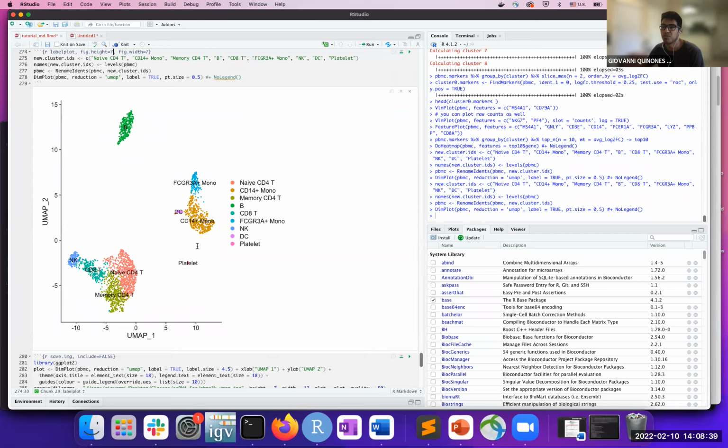And we also mentioned that one application is the identification of new cell types. The way that would come about is that you can easily imagine you have a cluster where the set of marker genes don't really match anything that was previously known in the literature.